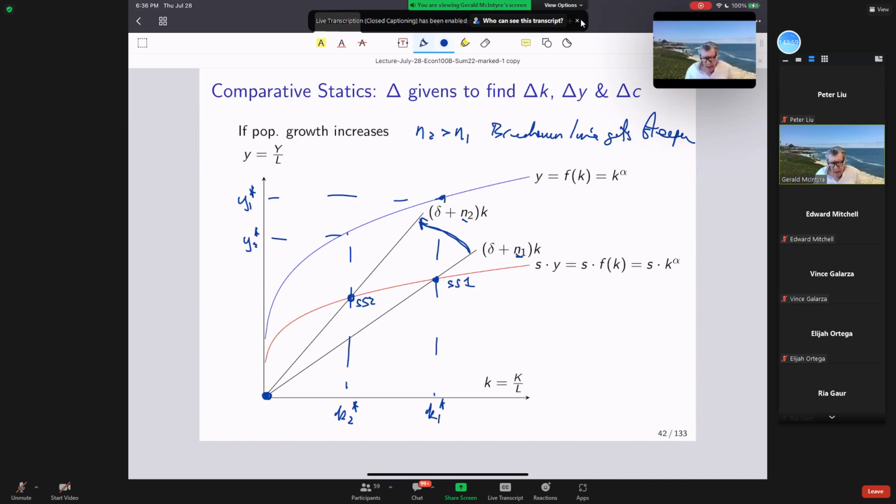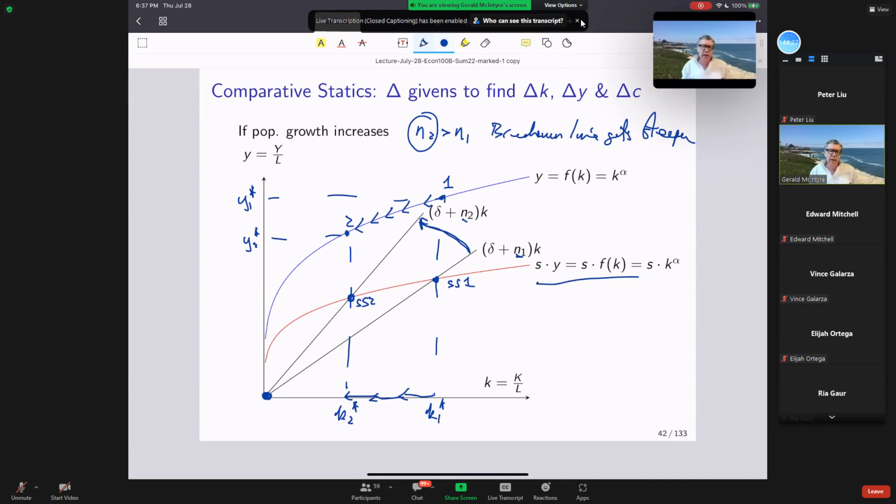And the economy would transition, here's point 1, here's point 2, it would transition along here. As the capital stock per worker fell, and recall the reason why the capital stock per worker is falling, there's many more workers. The population growth rate, either through natural fertility or immigration, is expanding the labor force.